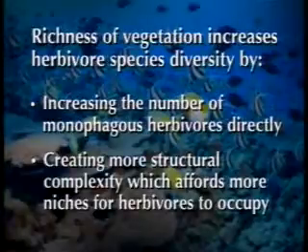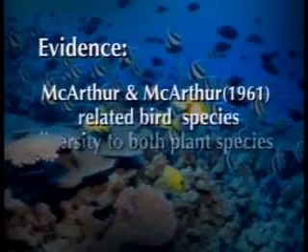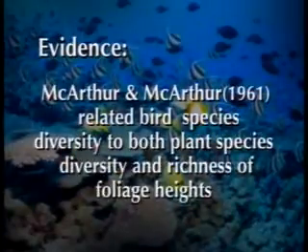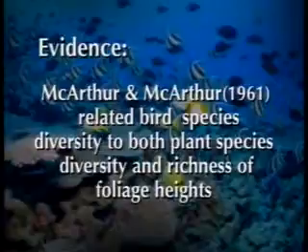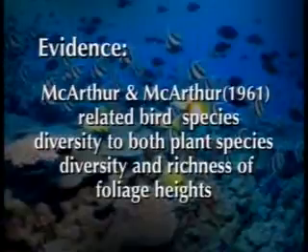In fact, when habitat is structurally more complex, n number of hiding places are created for new species to exist, and this automatically increases the number of species in tropics. And the best evidence in support of this theory has been provided by MacArthur and MacArthur somewhere in 1961, who related the bird species diversity to both plant species diversity and richness of foliage heights along this diversity gradient.